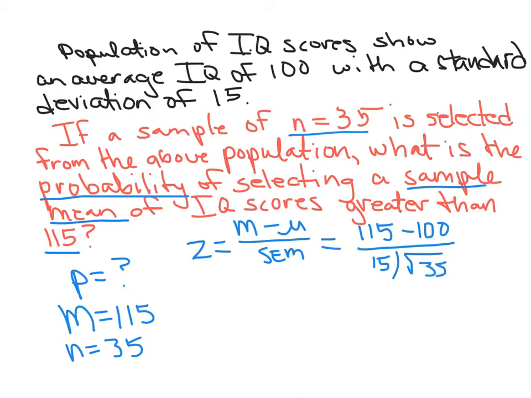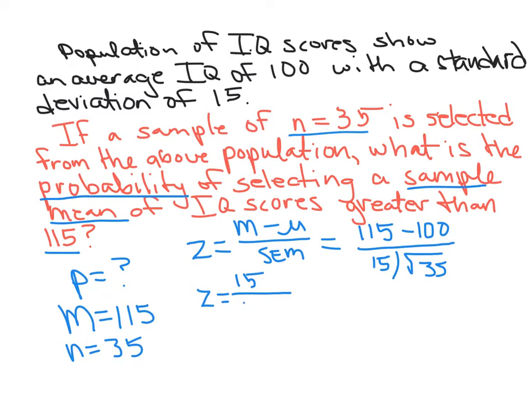So we'll do 115 minus 100 just to get us there. That's 15. Now make sure that those are in the right order, otherwise you'll get a negative. And then if we plug in 15 divided by the square root of 35, we end up with 2.5354.